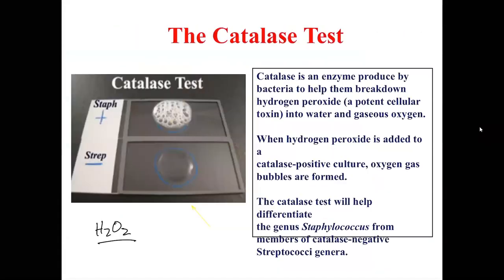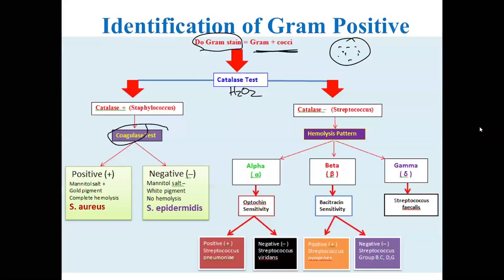If we go back to this chart, you test for coagulase, looking for clumping. If it's positive, it's Staph aureus. If it's negative, it's probably Staph epidermidis. There are other things that you're going to see.